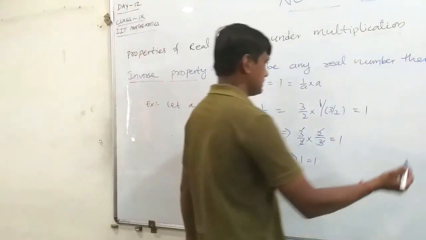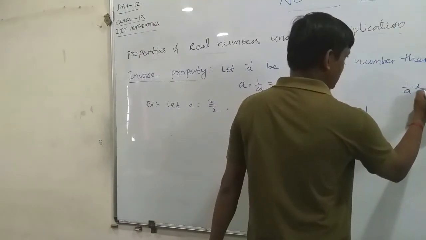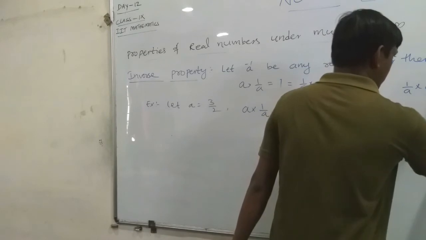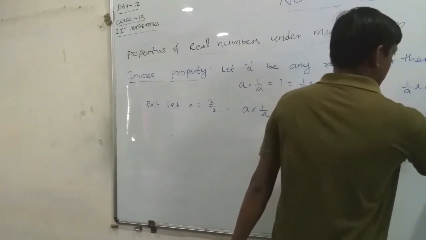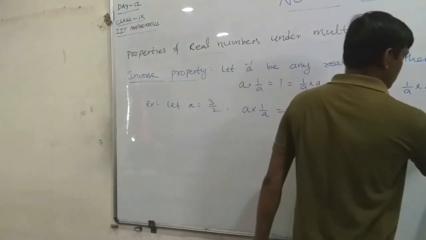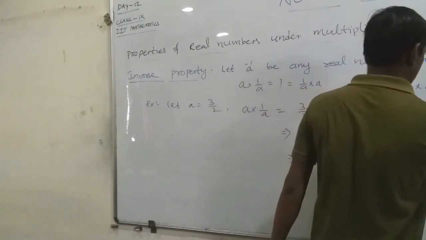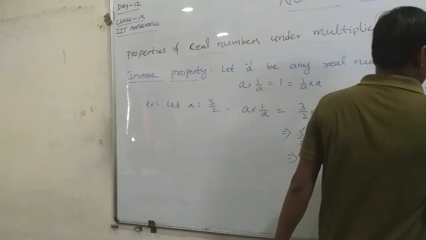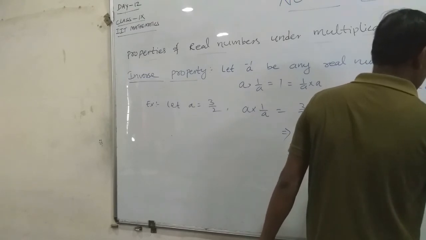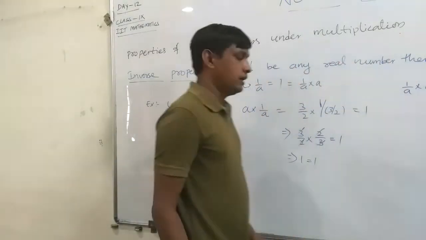I am doing the RHS here. 1 by a into a, that is 1 by 3 by 2 into 3 by 2, which is 2 by 3 into 3 by 2. The answer will be 1.